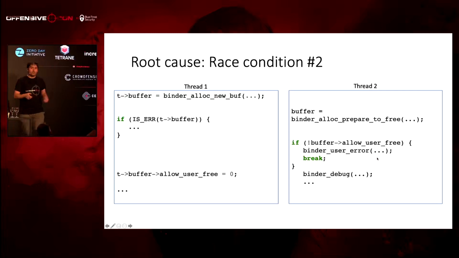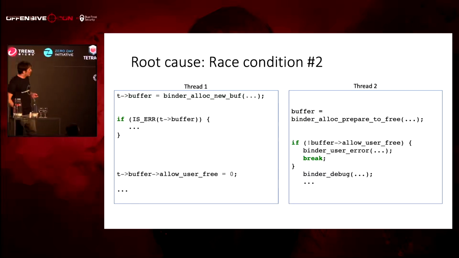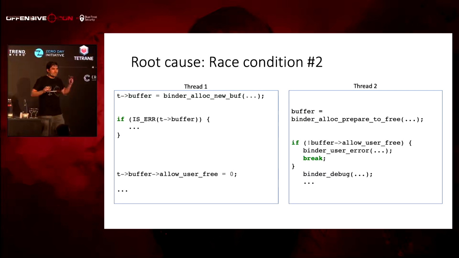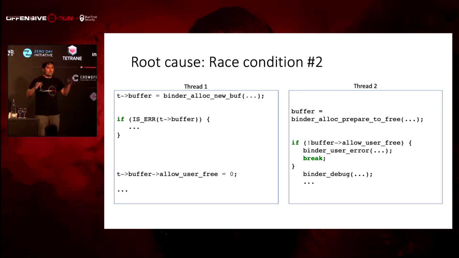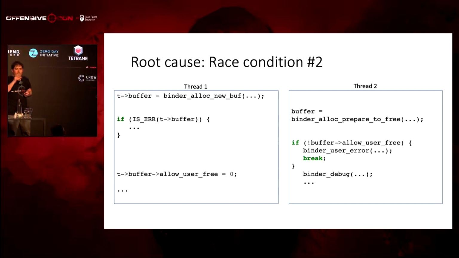Yeah? So now I'm going to have a transaction that's processing a buffer and a transaction that's freeing the buffer at the same time, the same buffer. So this transaction will probably do something weird with this buffer. There is one thing, these buffers are not necessarily kmalloc buffers. They are just in the vmalloc space, and it's not like a heap use after free just yet.